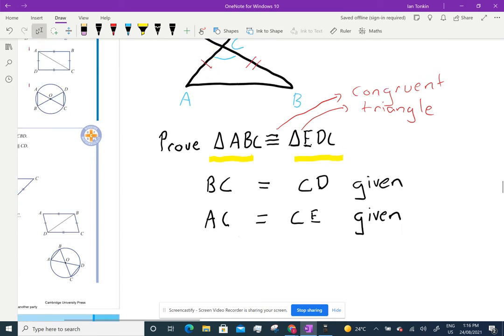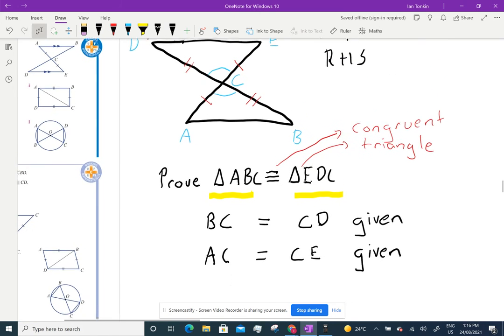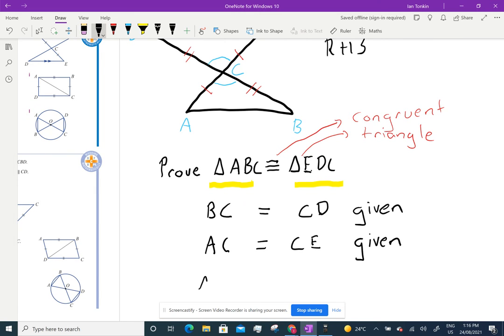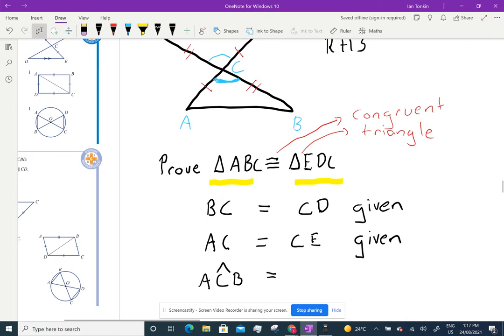And finally, we know that angle ACB, which is this angle, equals DCE.